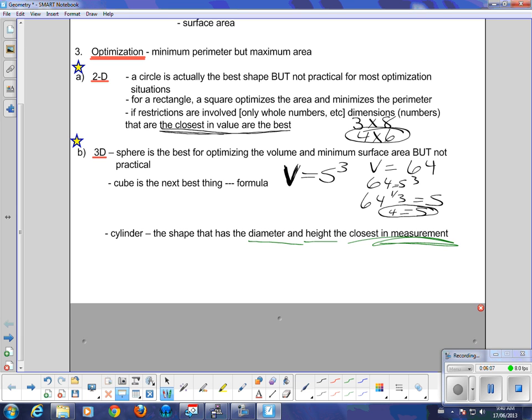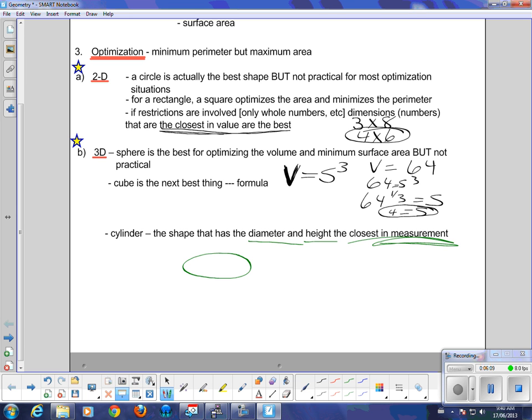So if I take it and turn it around, this would actually create a cylinder that would be optimized because the diameter and the height are the same. All right, so in other words, it's almost making it like a cube where all the sides are equal, but again, it's in a circular kind of motion.